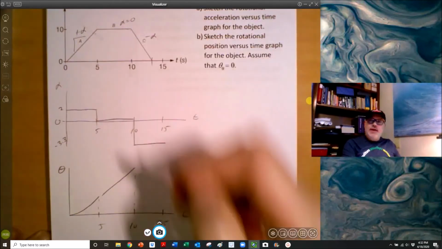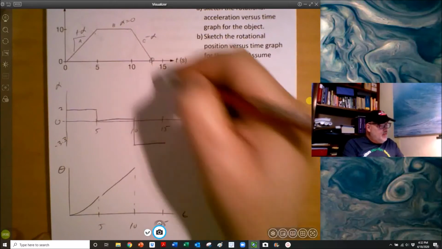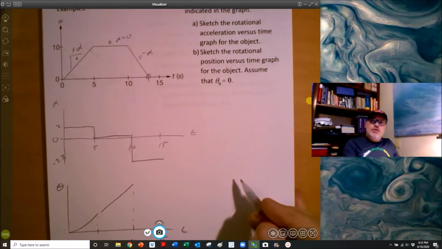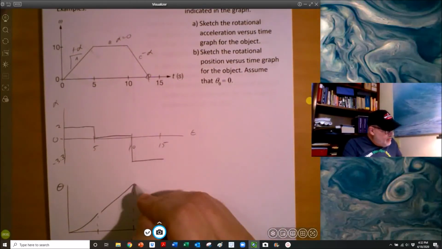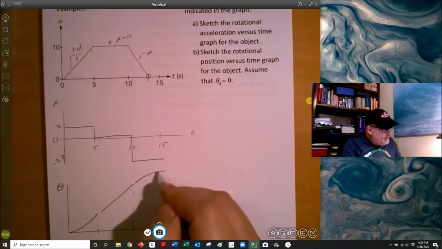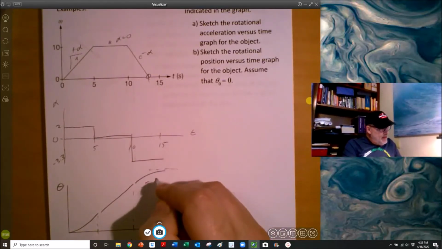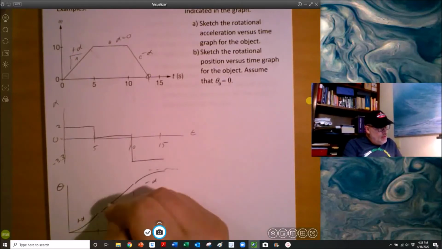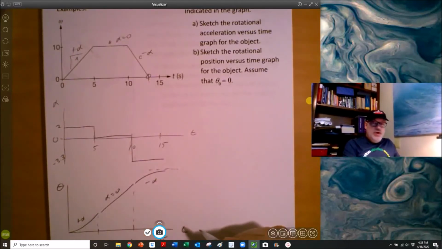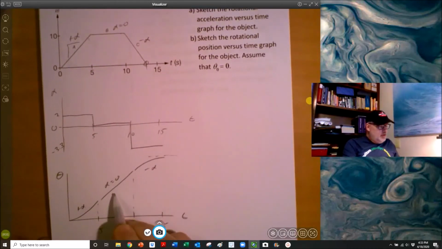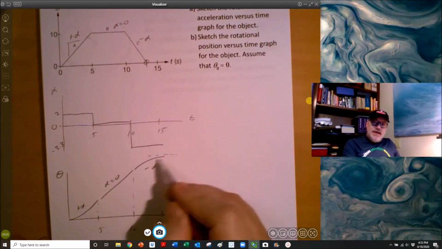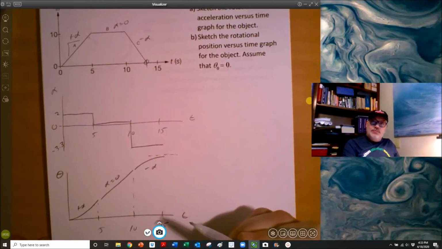And then we have a downward facing parabola with a final velocity of 0. So therefore it should top out here like this with that slope equaling 0. So we have a positive acceleration, an acceleration of 0, and a negative acceleration. So parabolic up, linear, and parabolic down with a top slope of 0.